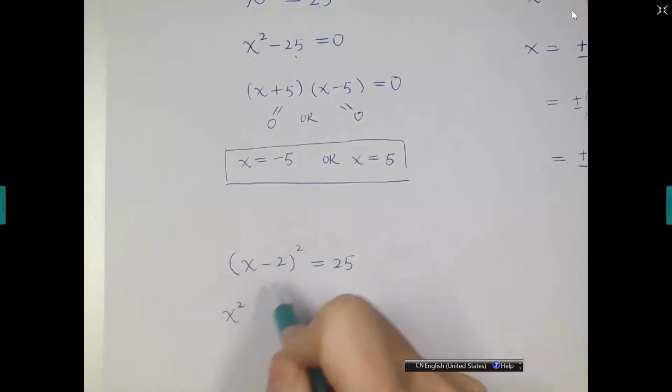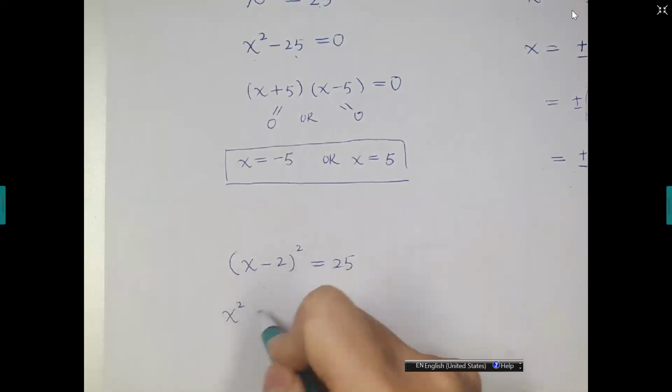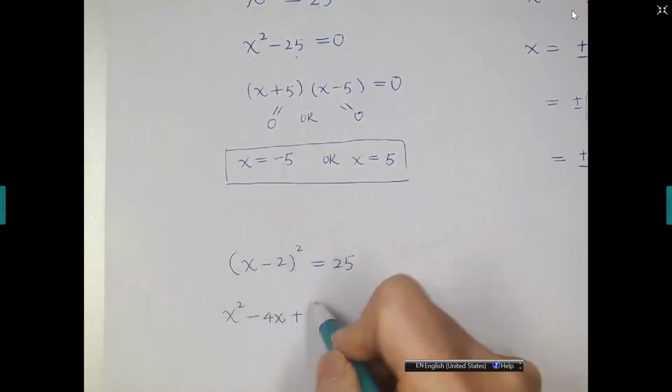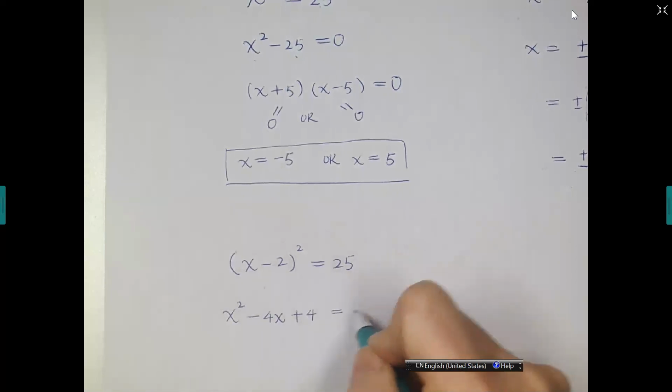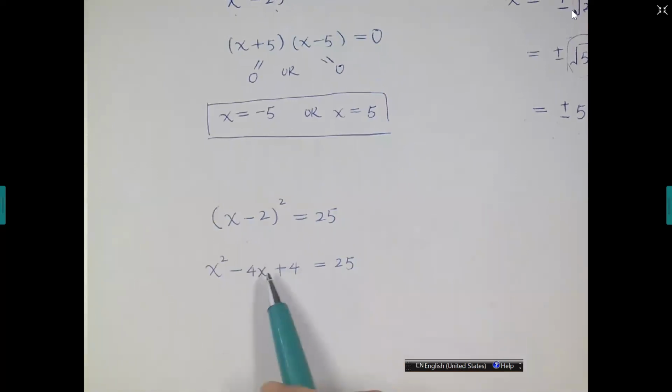x squared, raise the square to a binomial. It's the square of the first term, double their product, negative 2x, double 8, negative 4x, then plus square of the second term, plus 4 equals what? Equals 25. So what I did here, I have removed the parentheses in the equation.